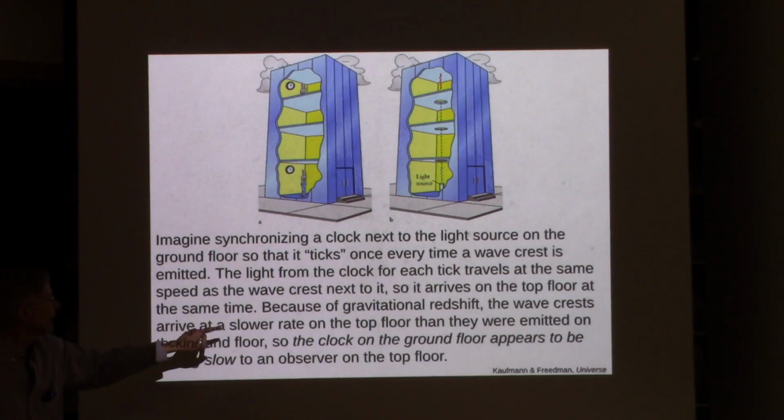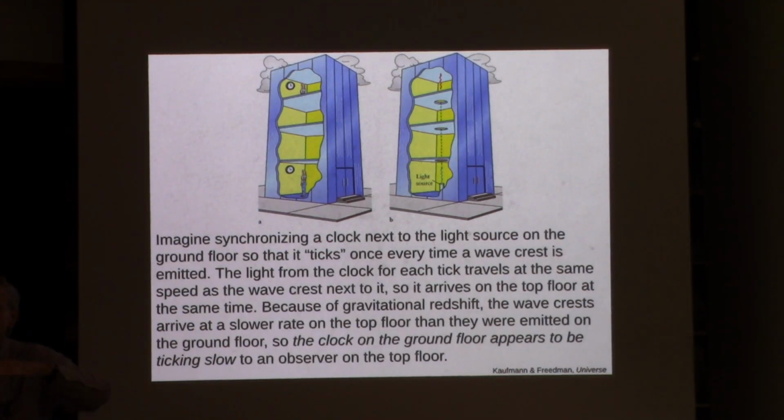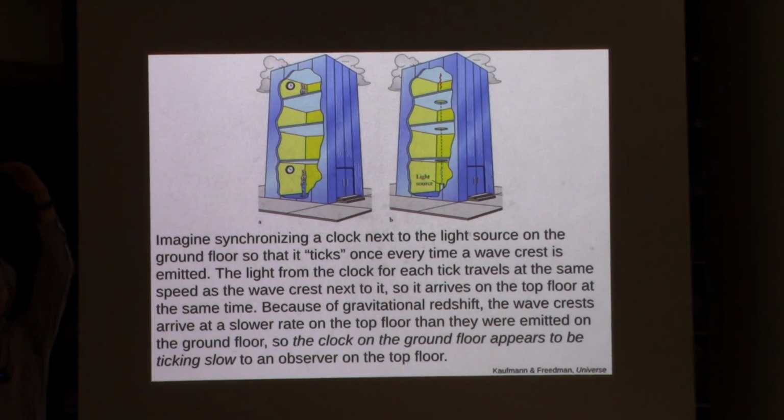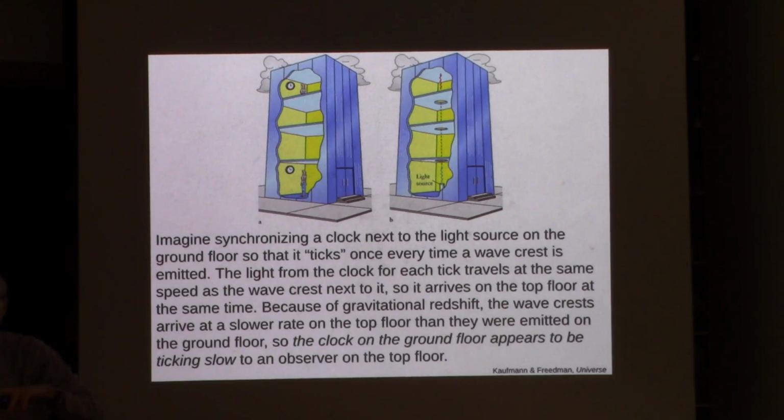They're arriving at a lower rate, but that means so are the ticks, because the ticks were traveling side by side with the wave crests. So you see the clock ticking slower, because every time a wave crest passes by you, you see one tick of the clock.